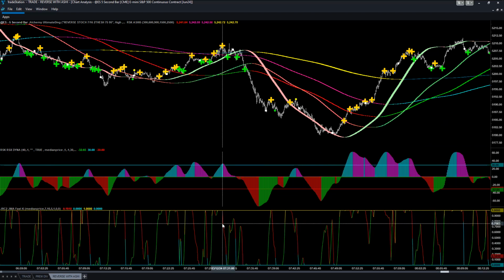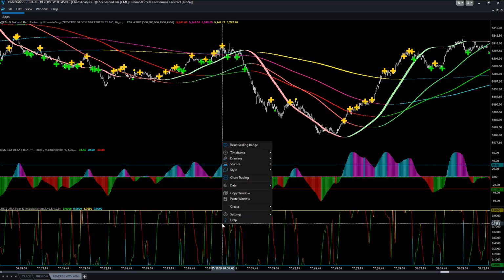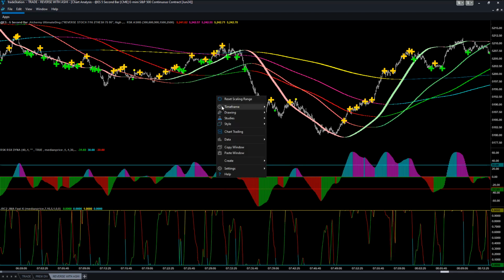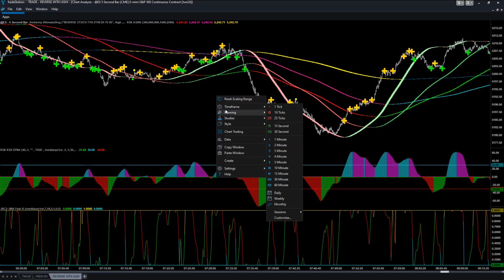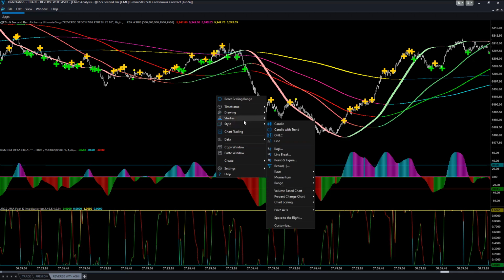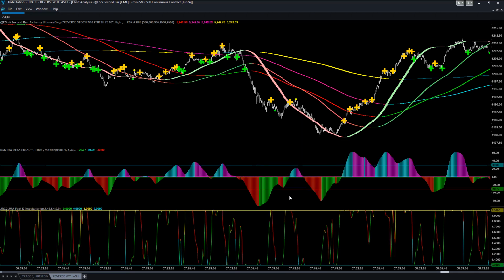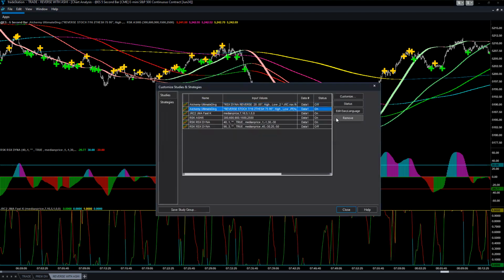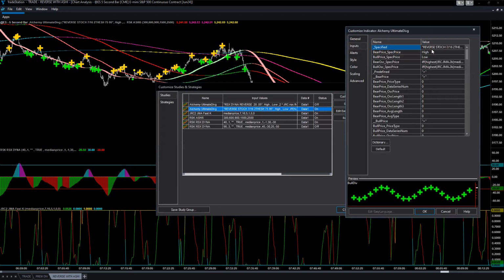So in the trading alchemy indicator, we have set this up. So under the reverse stochastic, as you see here, is the stochastic that we have displayed on the screen.